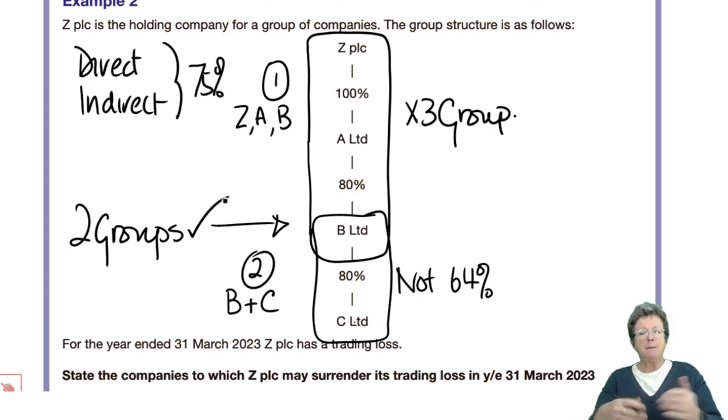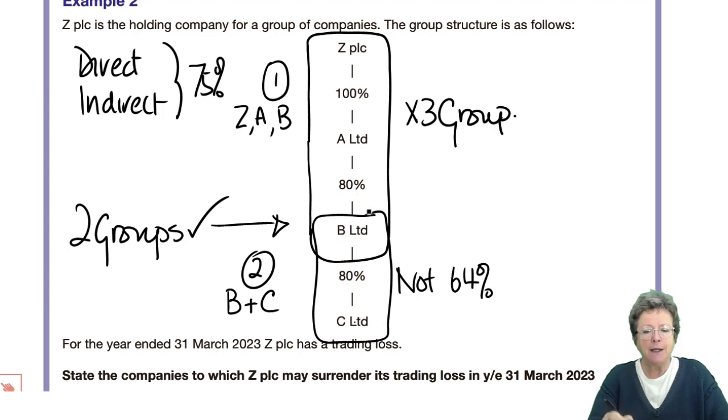But we said about loss relief that you can move your losses around within the group and share them out, perhaps bring one of the companies below the limit so they don't pay by instalments, that sort of thing. Now B can have losses from Z and A, but it must use them.